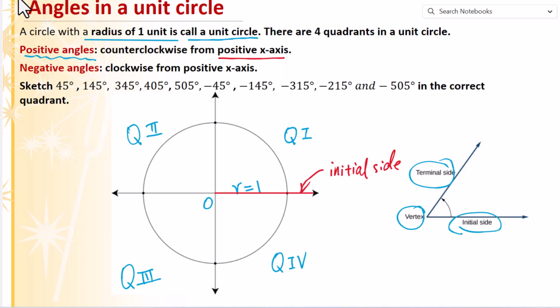Negative angles will be clockwise from the positive x-axis. In other words, this way we will have positive angles. Clockwise from the positive x-axis will be negative angles.